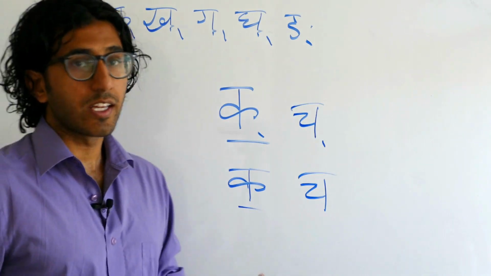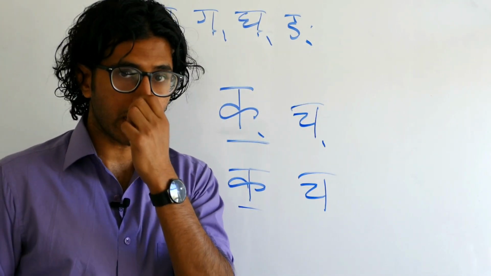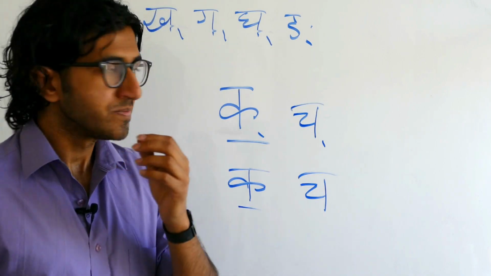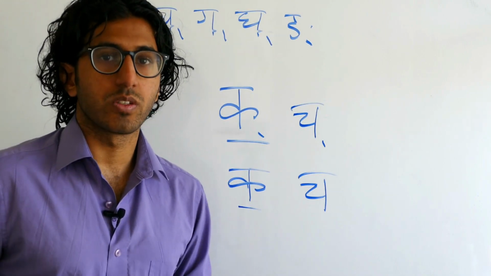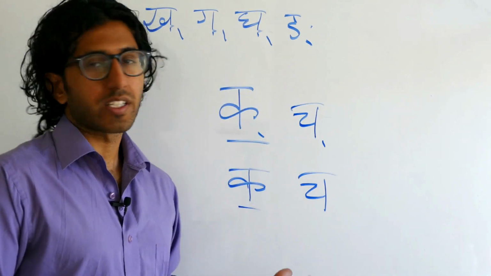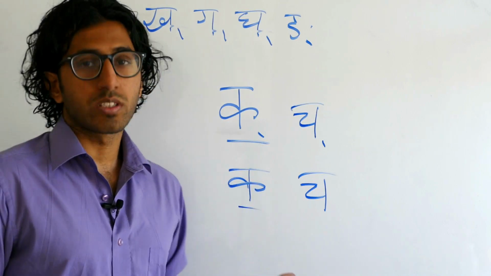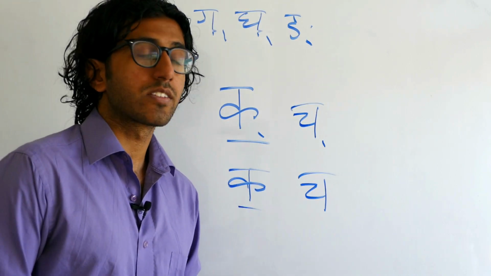So if in these videos I put a line underneath it and say the full thing with the a at the end, just know I'm doing it so it's easy to remember. In fact, I could just not put the lines, but sometimes I might put the lines. So for now, just ignore the lines, but know what the lines underneath mean.